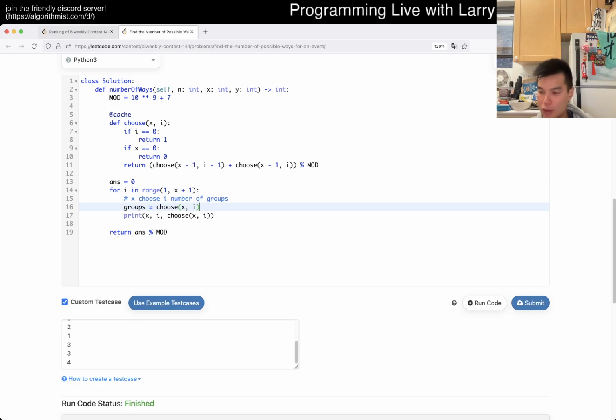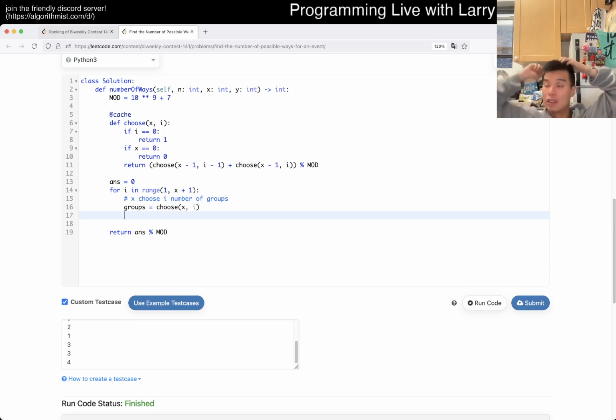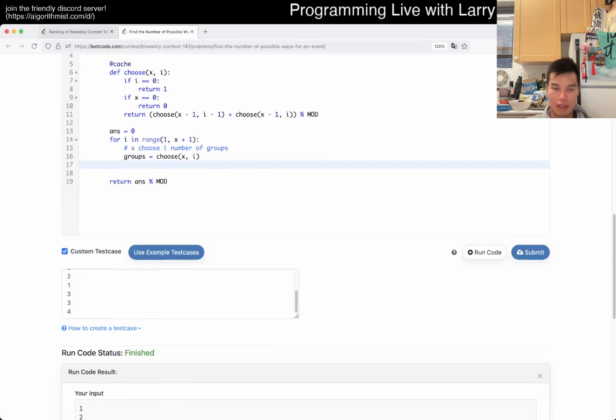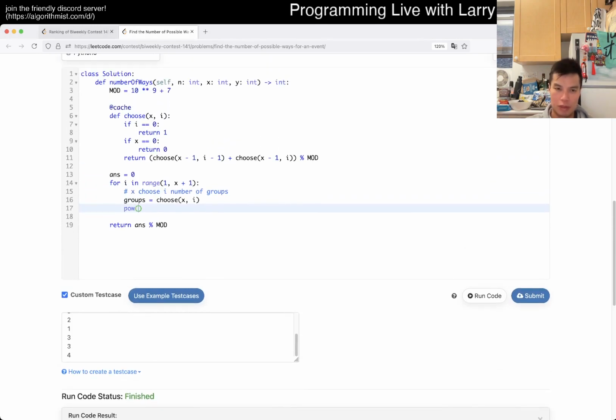Okay, so that is the number of groups. And now we have to figure out how many distinct ways. Is it just it? And then this is just y to the power of groups, right?